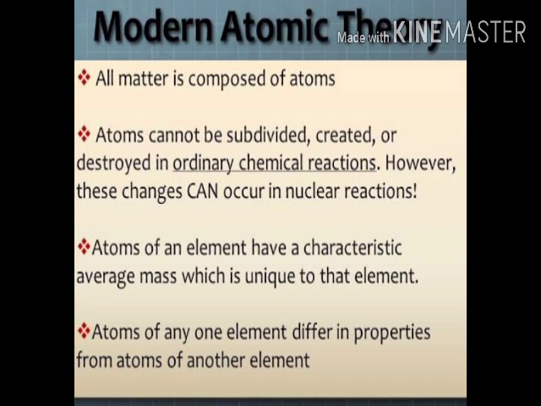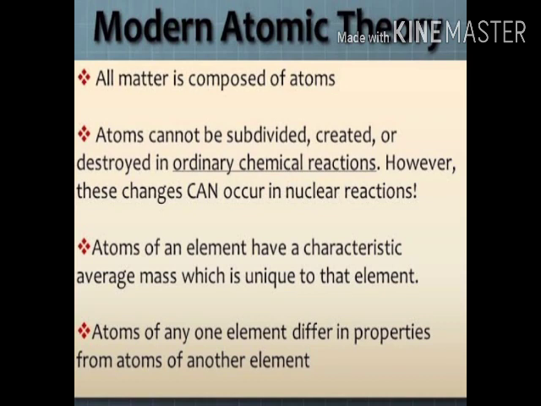Modern atomic theory says all matter is composed of atoms. Atoms cannot be subdivided, created, or destroyed in ordinary chemical reactions. However, these changes can occur in nuclear reactions. Atoms of an element have a characteristic average mass which is unique to that element. Atoms of any element differ in properties from atoms of other elements.